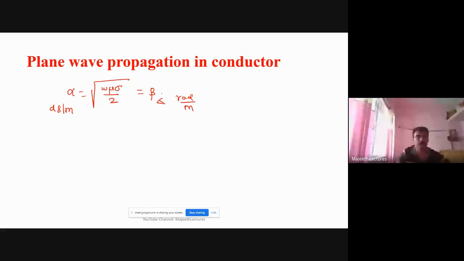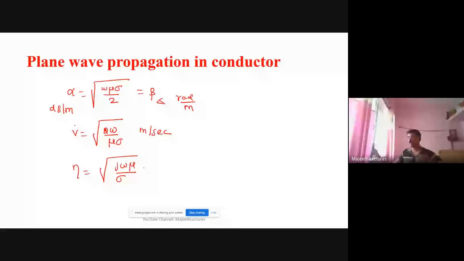That is the only difference. Velocity is given by square root of 2 omega divided by mu sigma meter per second. Eta is equal to square root of j omega mu divided by sigma. It is impedance. So, right?